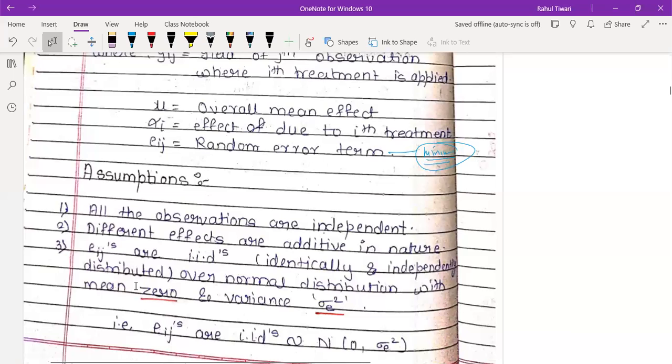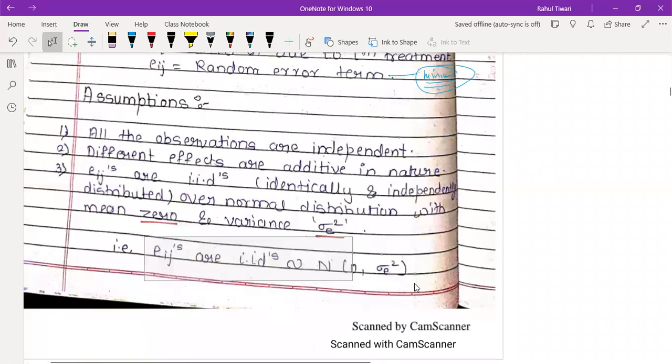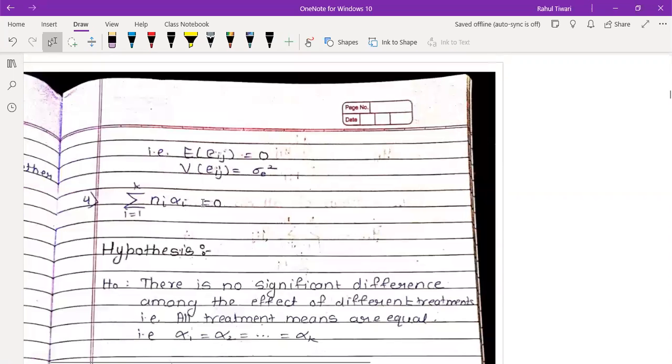Identically independently distributed, IID random variables, with mean 0 and variance sigma square. So just make sure that this follows a normal distribution with a certain mean, and the variance remains the same for all eij. Okay, so these are the assumptions you can just pick: mean 0 and variance sigma square.